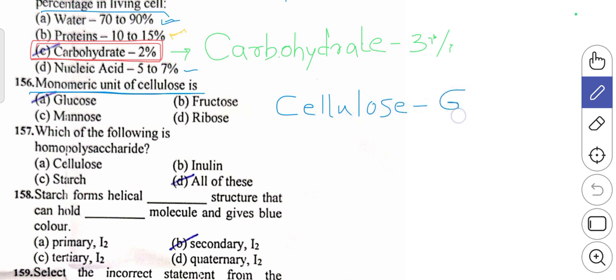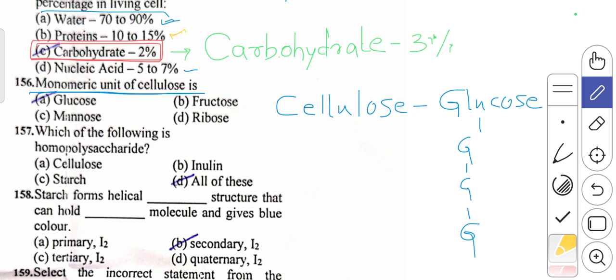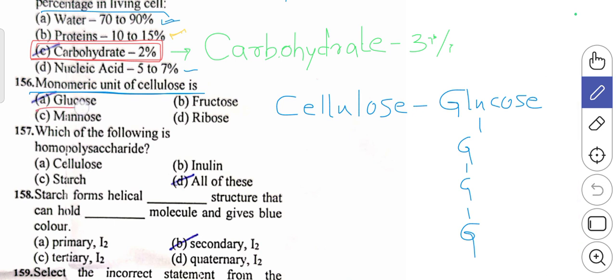It contains many glucose molecules, that is, the monomeric unit of cellulose is glucose. Here they have given fructose, mannose, ribose. These are not the monomeric units of cellulose.